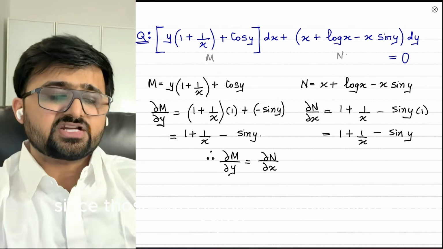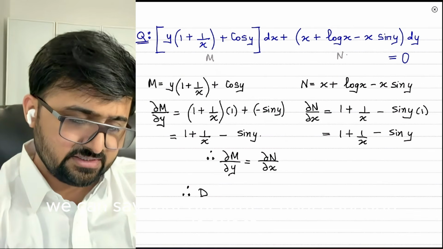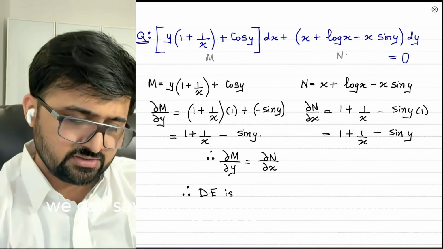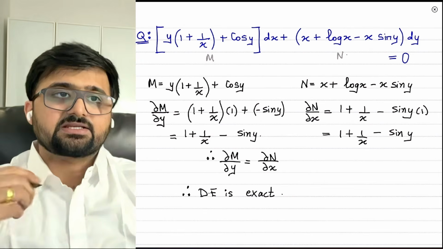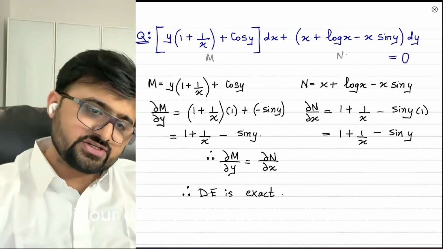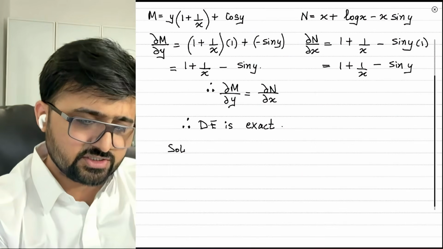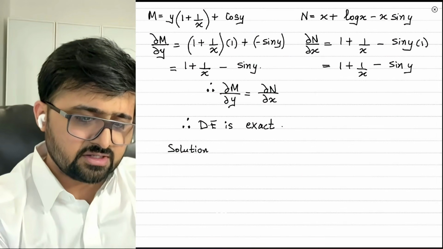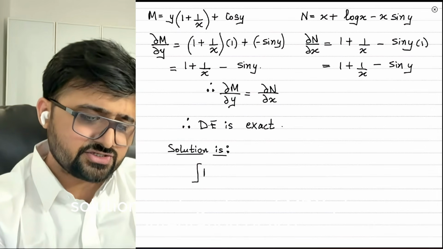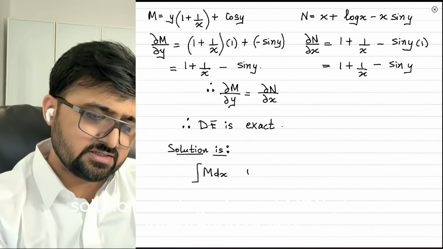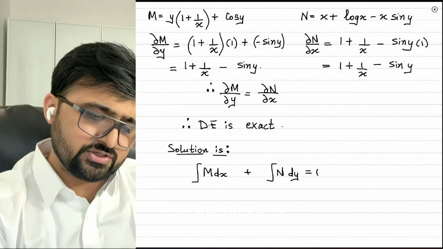Since those two partial derivatives are equal, we can say that our differential equation is exact. If our differential equation is exact, the solution is integration of M dx plus integration of N dy is equal to 0.